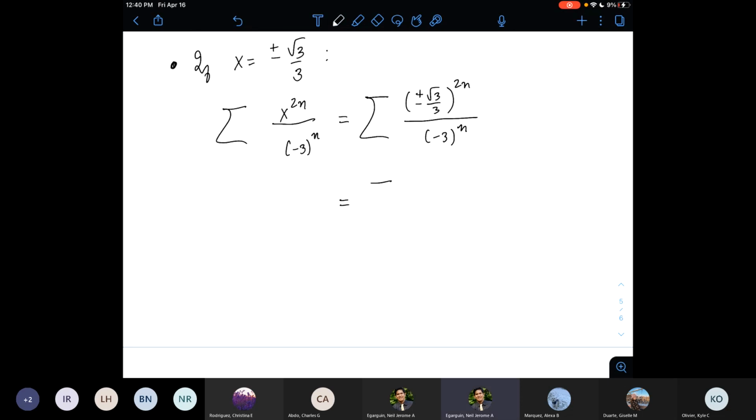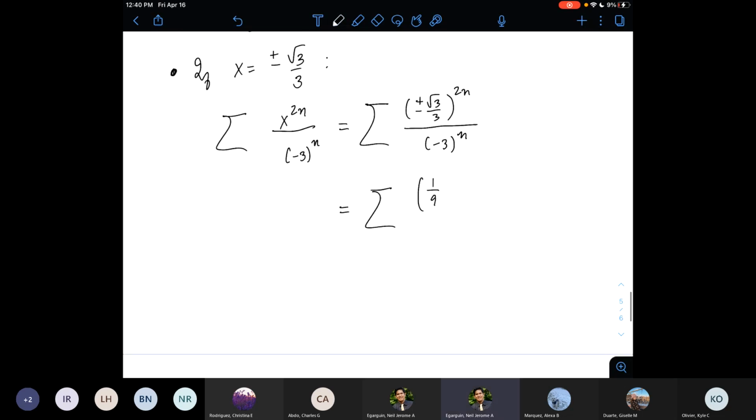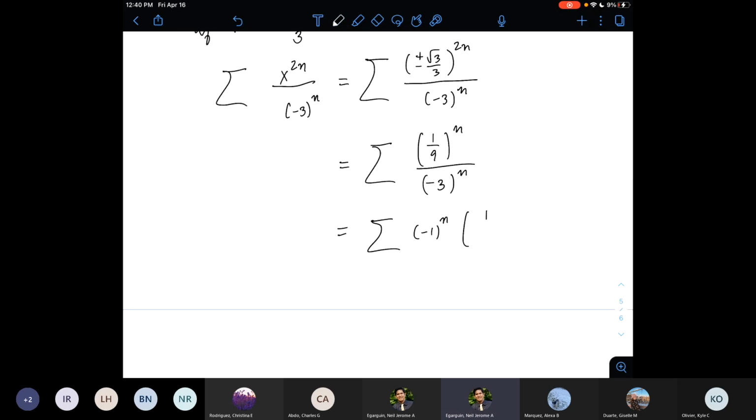And so this guy will be the sum of what? 1 over 9 raised to the power n all over -3 to the power n. Or basically, you can say this is the series of -1 to the power n of 1 over 27 to the power n.